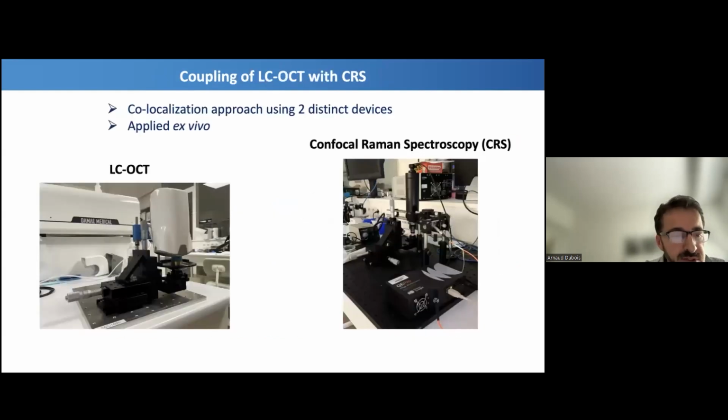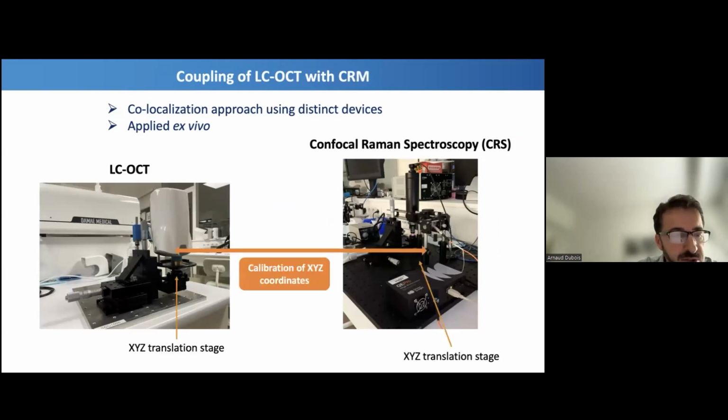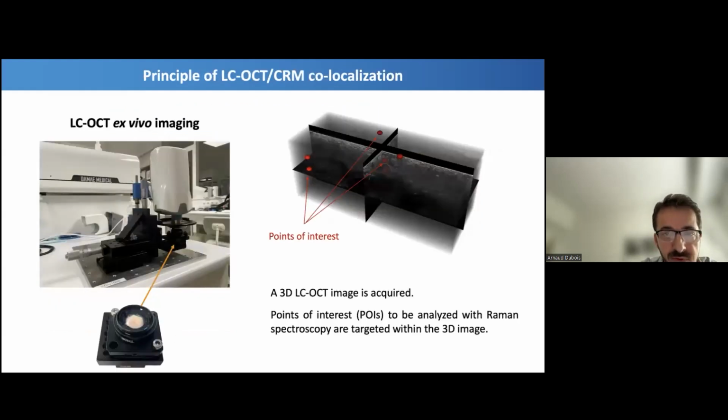Our approach is based on co-localization using two distinct devices, so it will be limited to ex vivo samples for the moment. The co-localization requires a correspondence between the spatial coordinates and the sample position under the two devices. So a calibration is first performed.